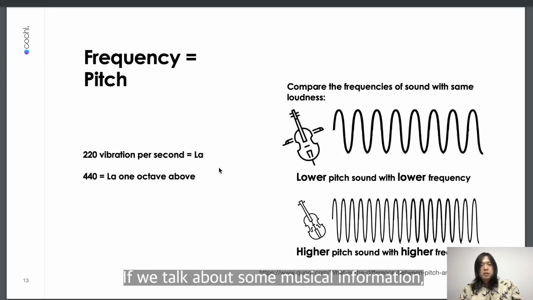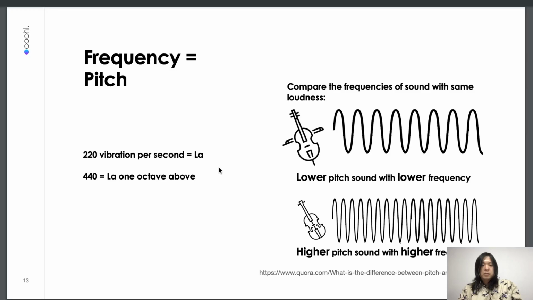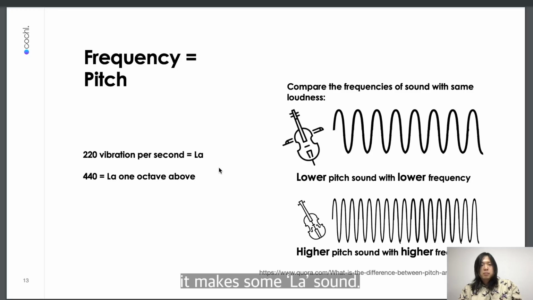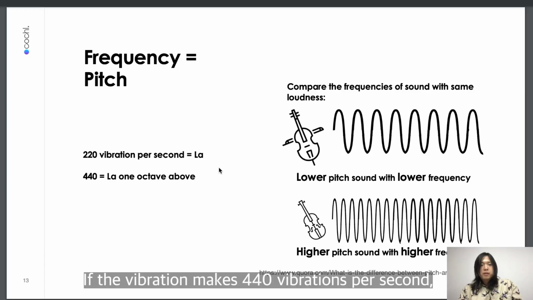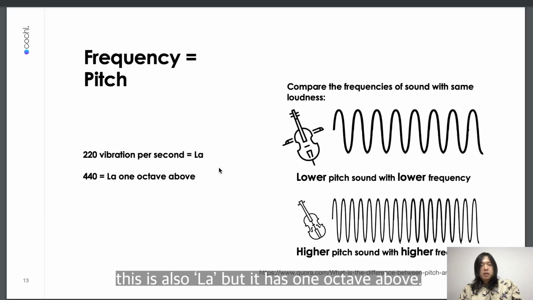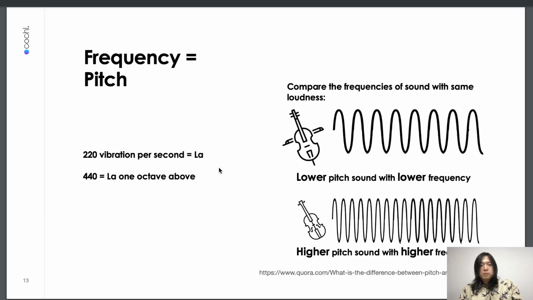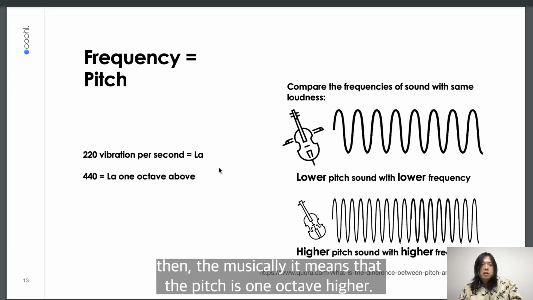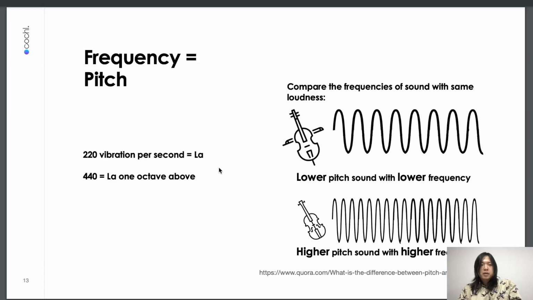If we talk about musical information, when something vibrates 20 times per second, it makes some la sound. If the vibration makes 440 vibrations per second, this is also la, but it is 1 octave above. So here we can see that when the vibration per second is doubled, musically it means that the pitch is 1 octave higher.